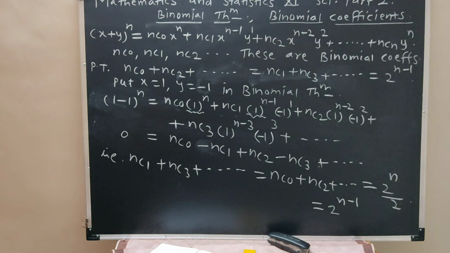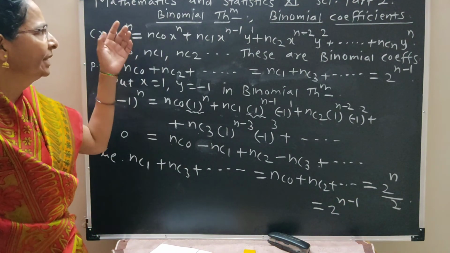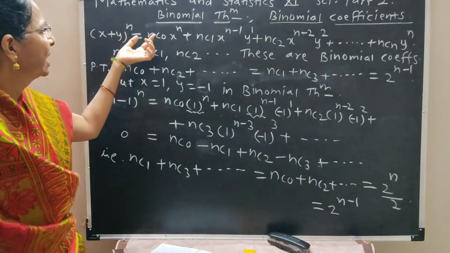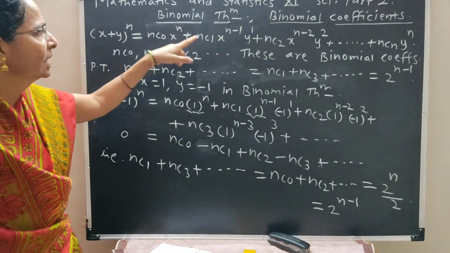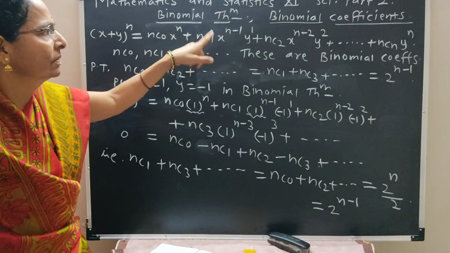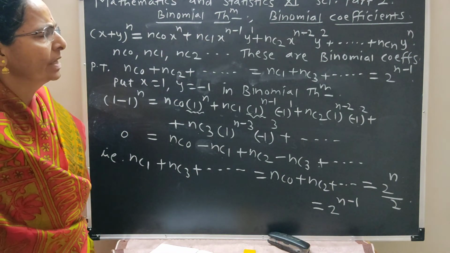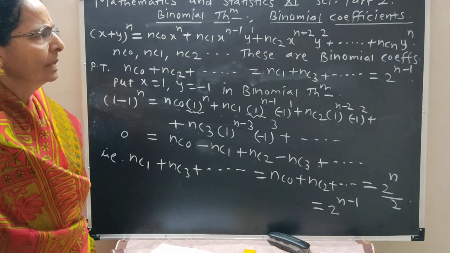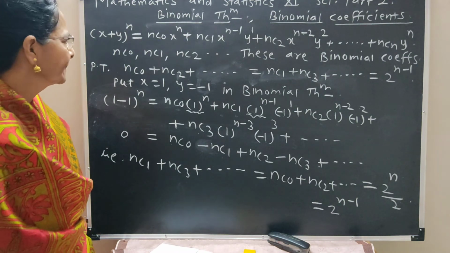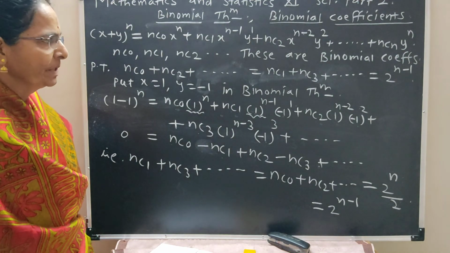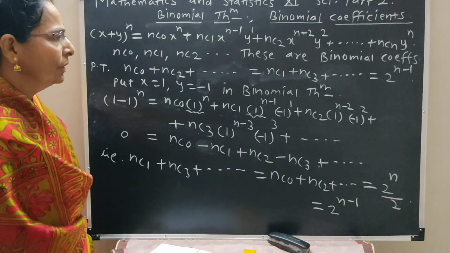So once again, remember this binomial theorem. (x plus y) raised to n is nC0 x raised to n plus nC1 x raised to n minus 1 y raised to 1 plus nC2 x raised to n minus 2 y raised to 2 plus dot plus nCn y raised to n. nC0, nC1, nC2 are the binomial coefficients.